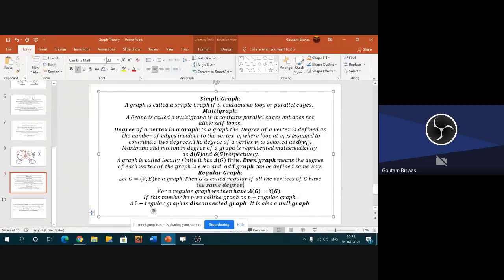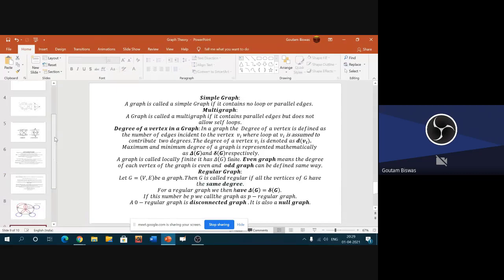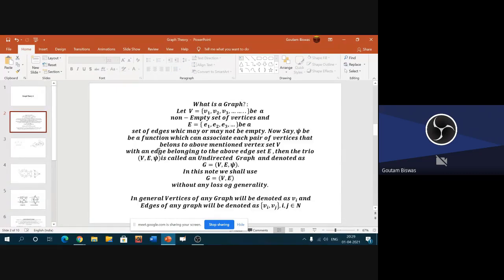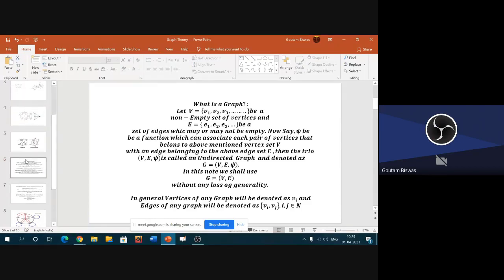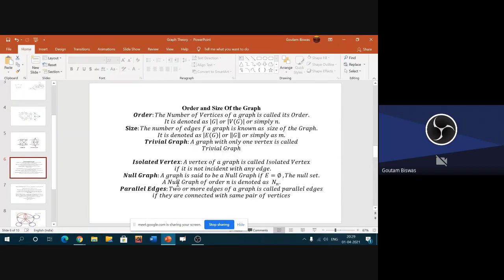A zero regular graph is a disconnected graph. So it is a null graph. Let us check the null graph definition. What is a null graph? A graph is said to be a null graph if E is phi.